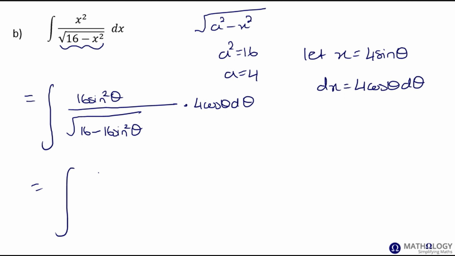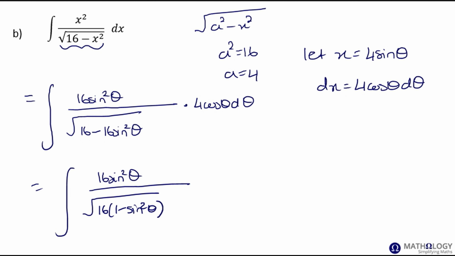So that equals the integral of 16 sine squared theta over the square root of, we'll take out a common factor of 16, and we're left with 1 minus sine squared theta, times 4 cos theta d theta.